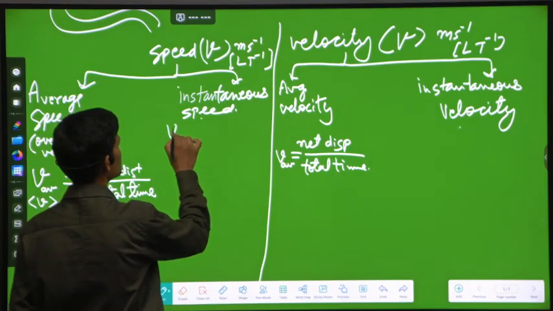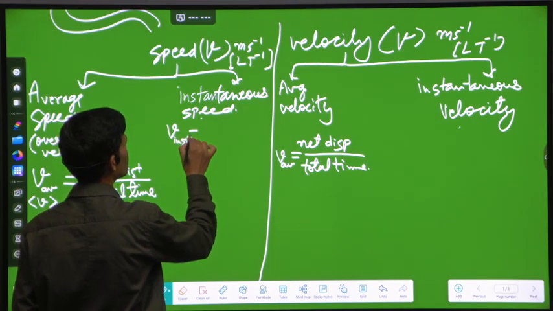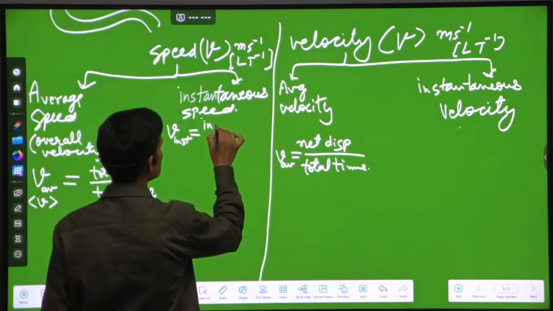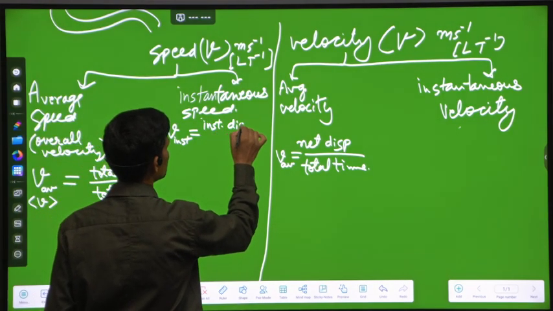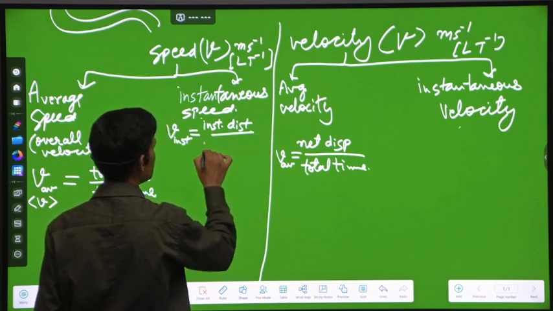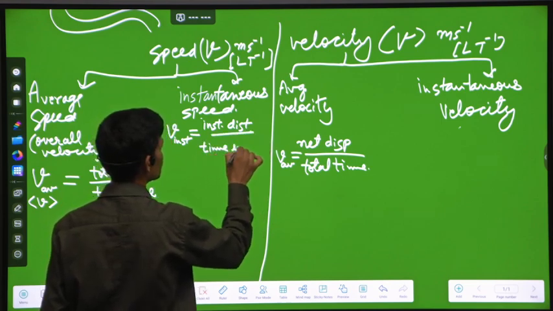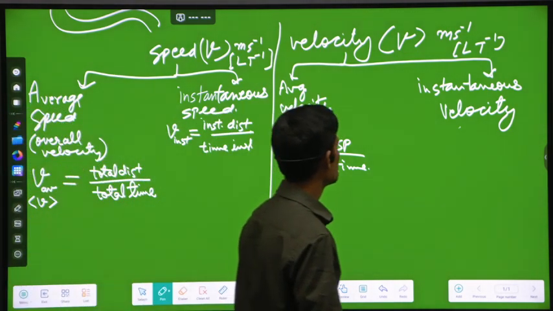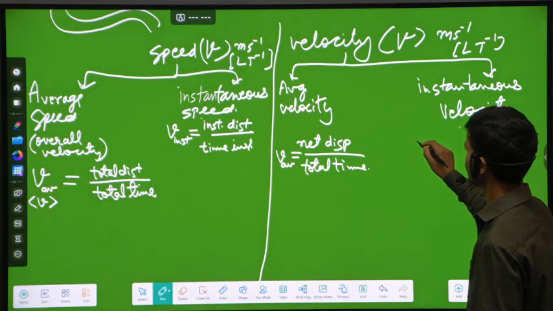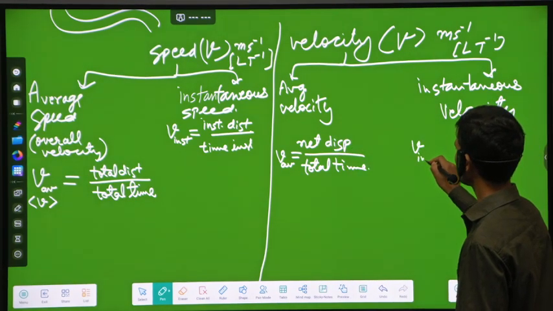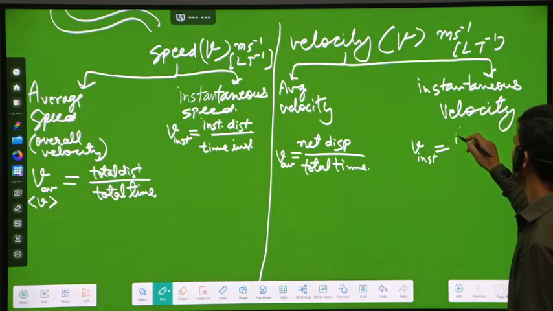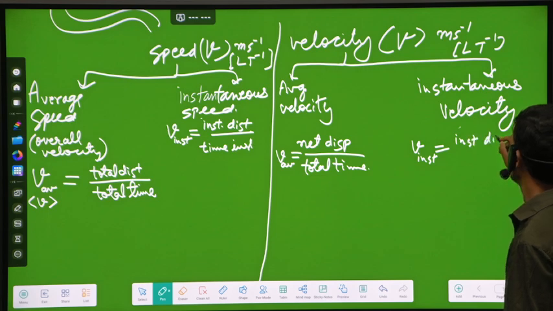So instantaneous speed is equal to instantaneous distance traveled divided by time instant, whereas instantaneous velocity is also the same: instantaneous displacement divided by time instant.